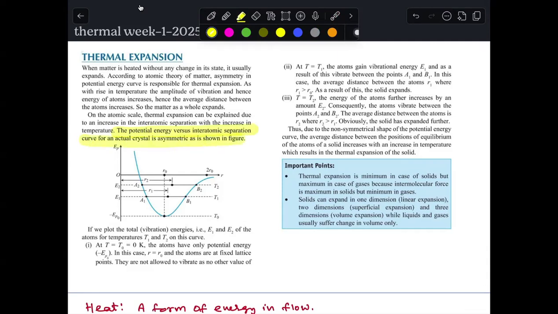So thermal expansion, out of all the three forms of matter, is least in solids, because the atoms and molecules are strongly bound. It is high in the case of gases, right?